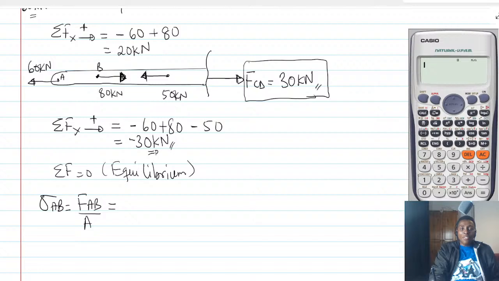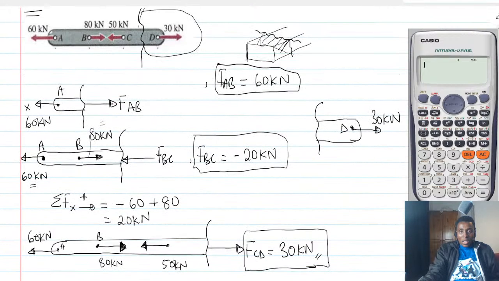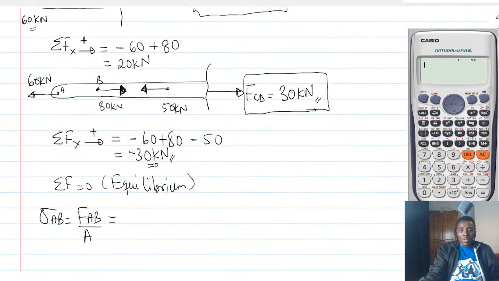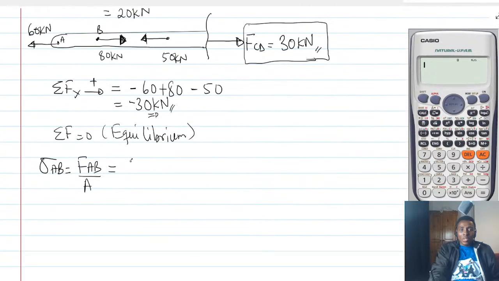So for FAB, the stress is going to be the force, which is what? Let's go back and look at it. FAB is 60 kilonewton. So 60 kilonewton, right? Divided by the area.